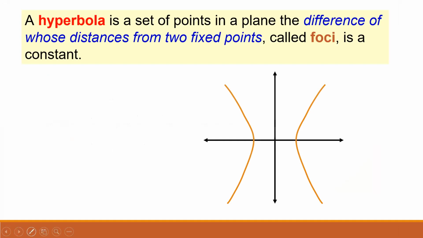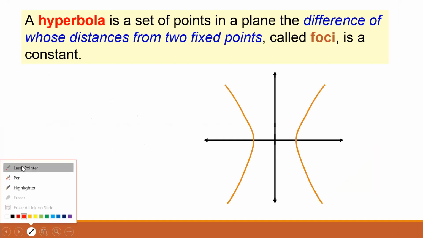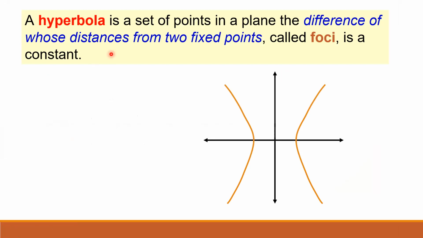It is the set of points in a plane such that the difference of whose distances from two fixed points, the foci, is a constant. So this is how a hyperbola looks like. In particular, this is a horizontal hyperbola. Okay, so we have the foci located at these 2 points, F1 and F2.